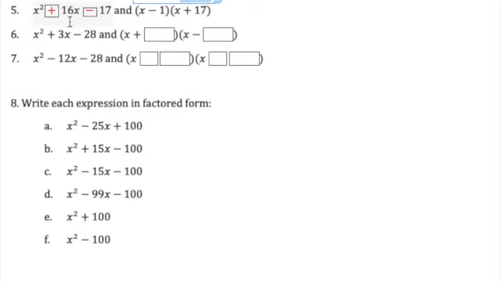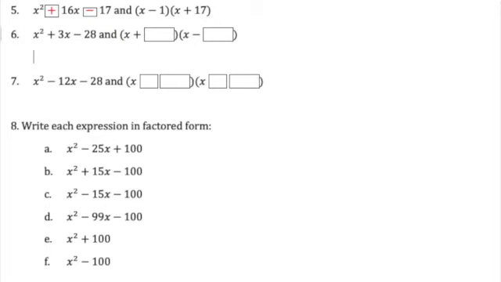So then here for number 6, we have to figure out what would actually go in my factored form here. So again, I want to figure out what factors would multiply to get to negative 28, but add to get me 3. And the factors of 28, I know from all my years doing math that 4 times 7 equals 28.